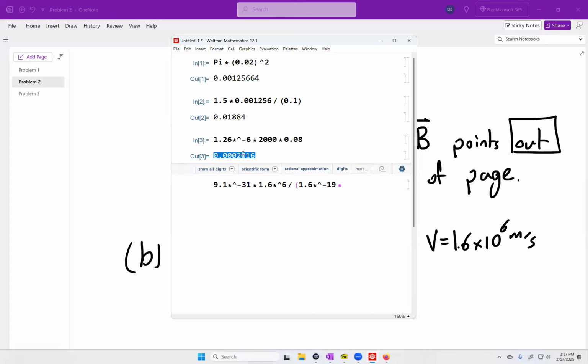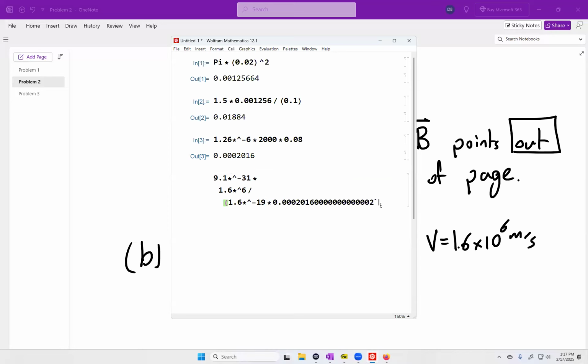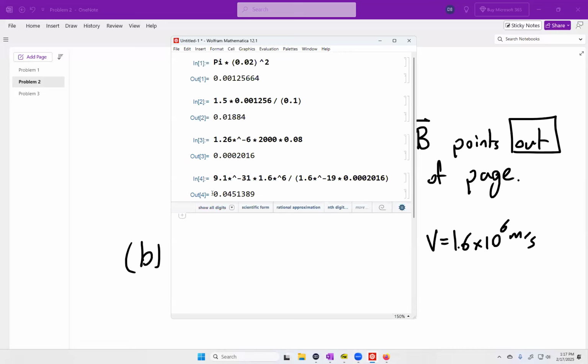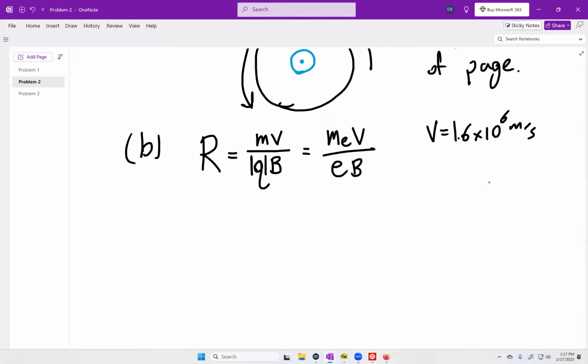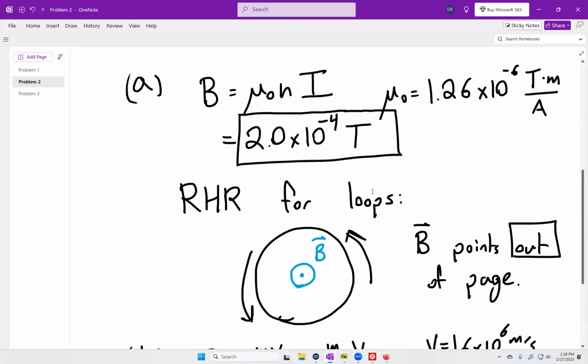And then this number. Okay. All right, so I get 4.5 centimeters. Okay, that's all we need to do for that part.